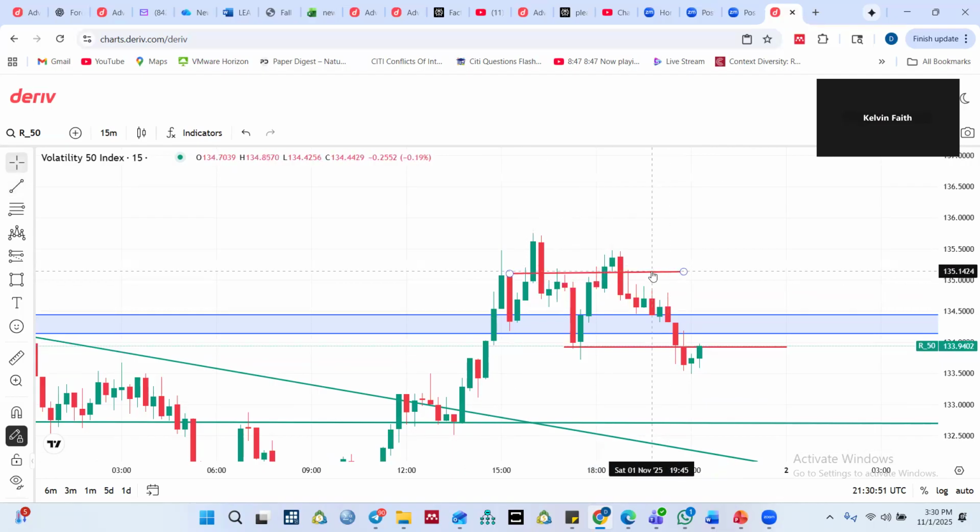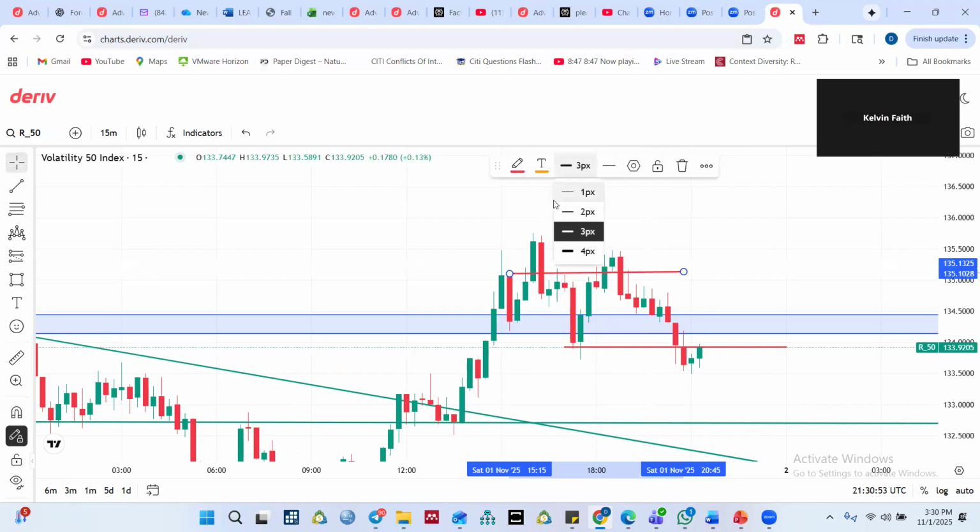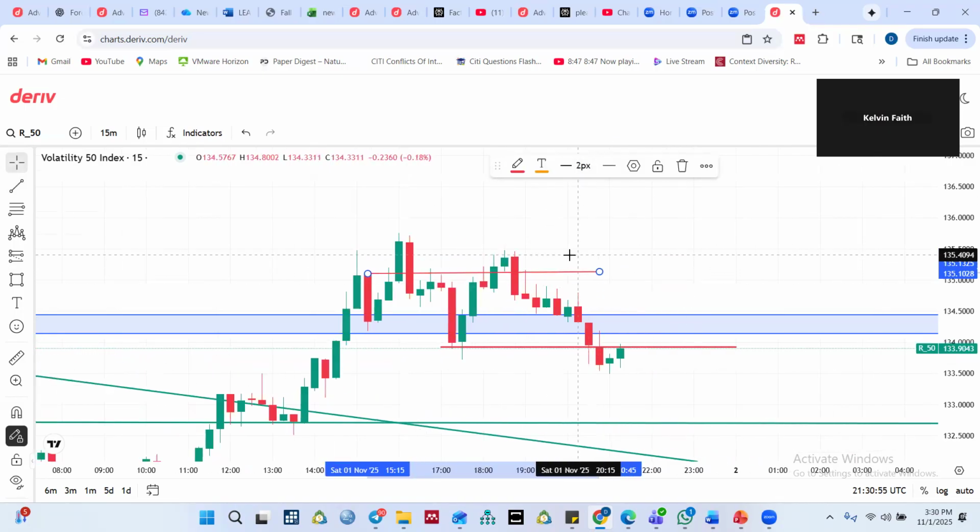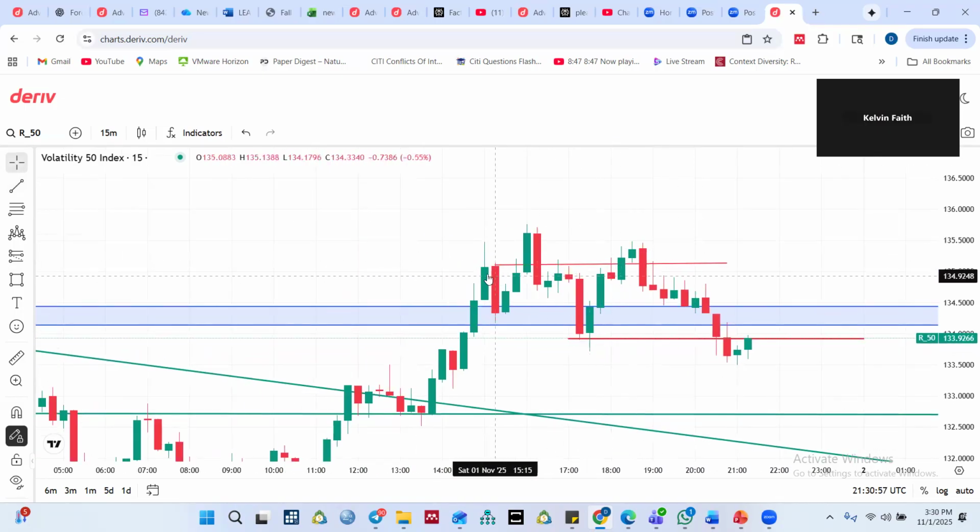Below that precision support resistance, you are looking for sells. Above it, you are looking for buys.